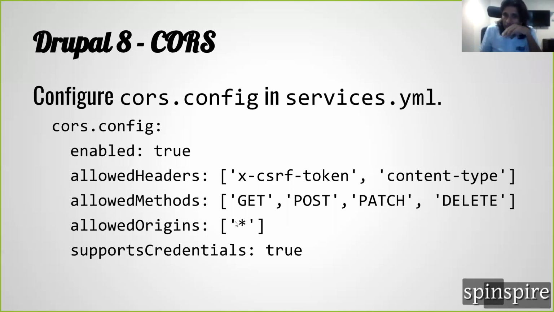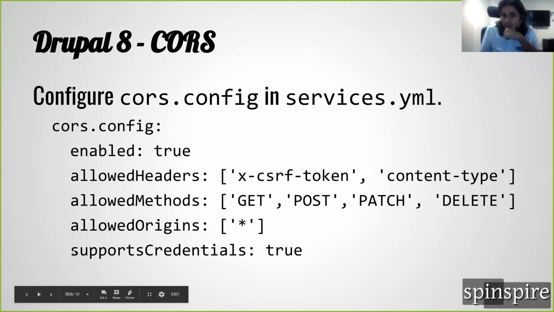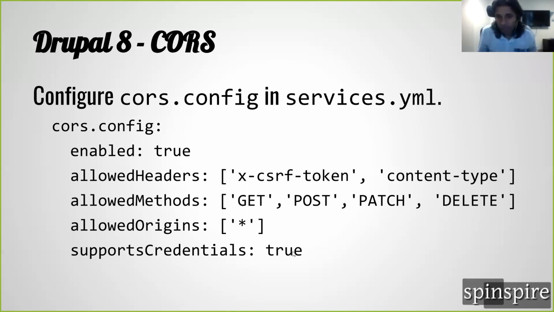So app.mysite.com, where mysite.com is your Drupal site, and app.mysite.com is your ReactJS application. Finally, you have to specify supports credentials to true, because if you don't do that, then your session cookie cannot be shared. So once you do supports credentials true, the session cookie from Drupal can be used by the ReactJS application.